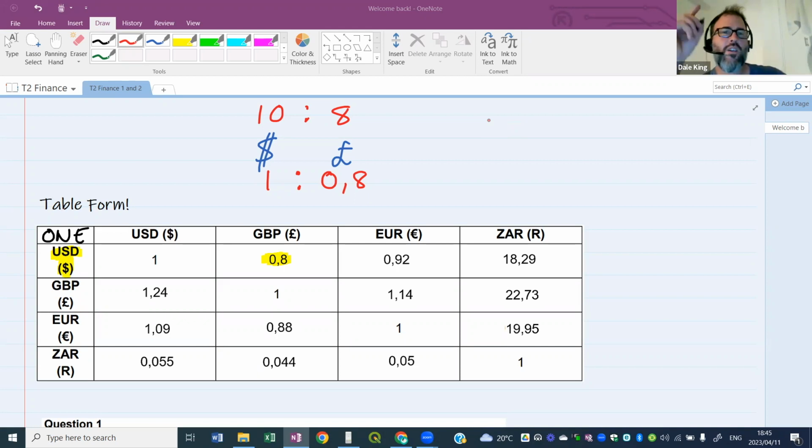For a British person to get $10 US, if it was the same strength, then that person would need to have 10 British pounds to buy 10 dollars. If the currencies were the same, it would be 10 is to 10. But in this ratio here, the British person doesn't even need to get 10. They only need to collect 8 and they'll get 10 US dollars.